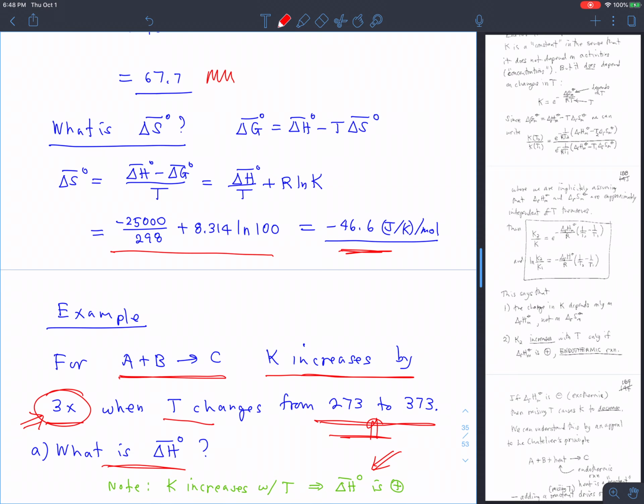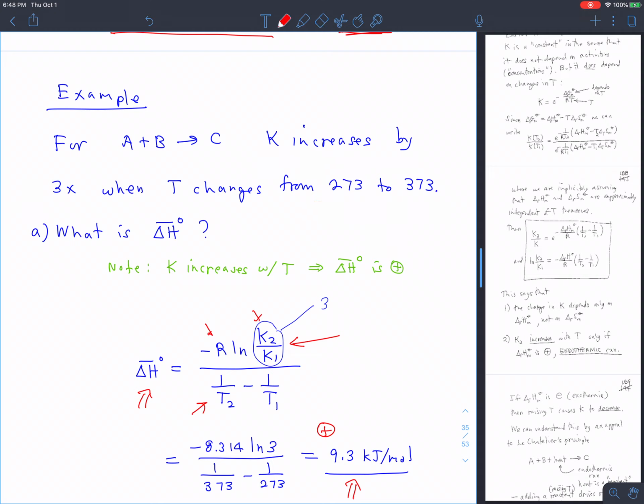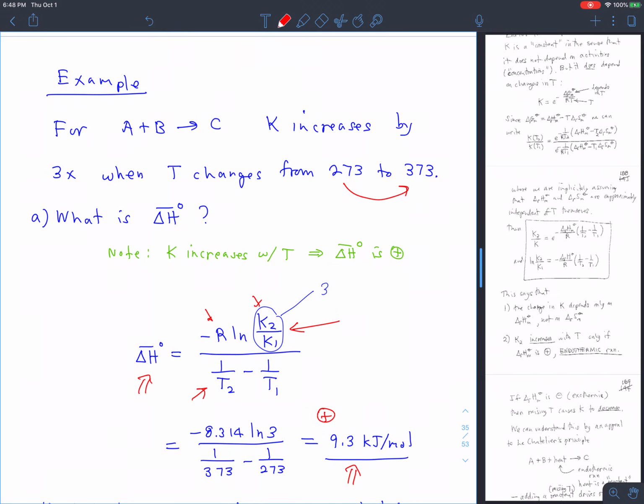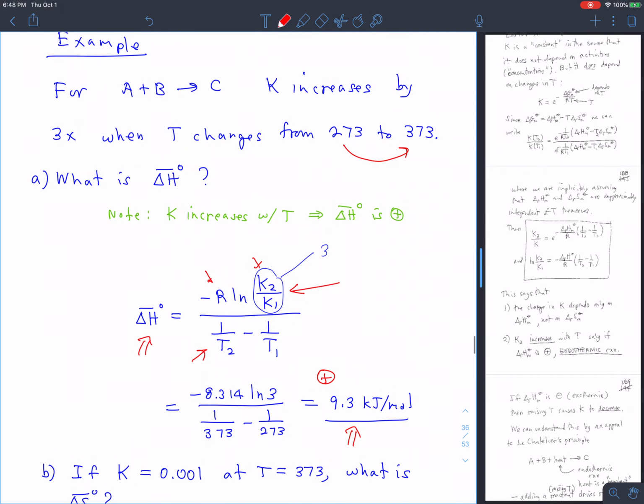On the other hand, for our next example down here, we have a much bigger temperature rise. It's a 100-degree temperature rise, so that's 10 steps of 10 degrees. And in that whole business of 10 steps of 10 degrees, we only get a 3x change.